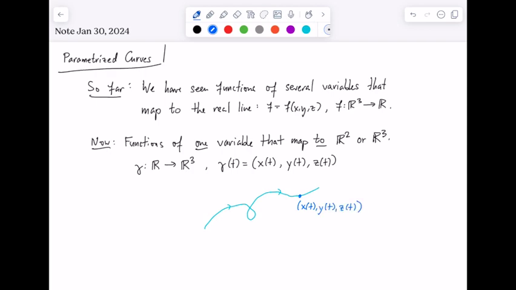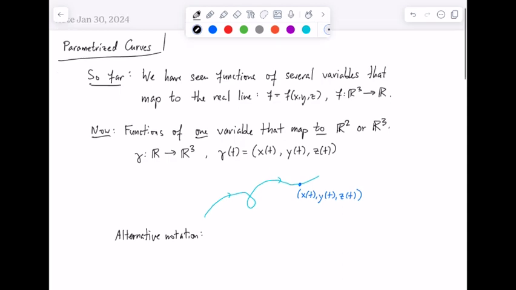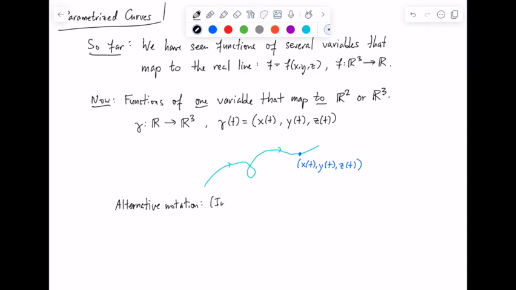Now there's also an alternative notation for this that's also pretty common. This is in vector form. You could model the displacement vector r of t, and that just gives you the vector with components x of t, y of t, z of t. So notice this is vector notation in terms of the ijk basis.